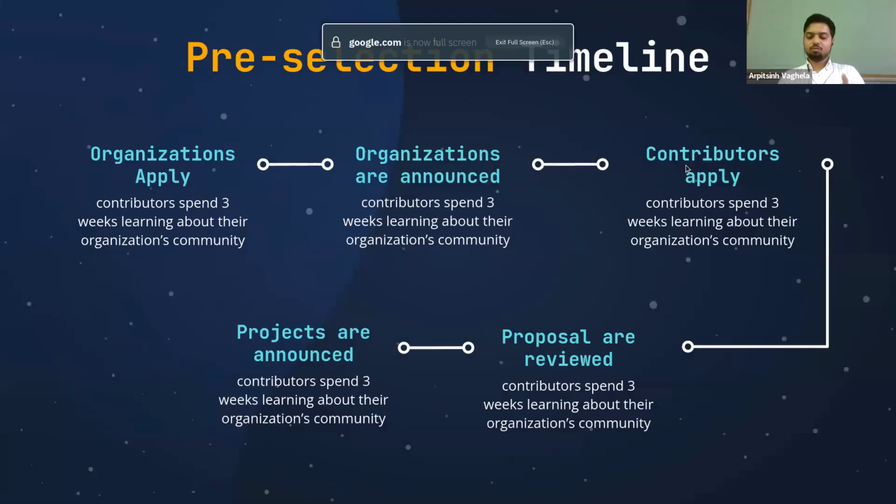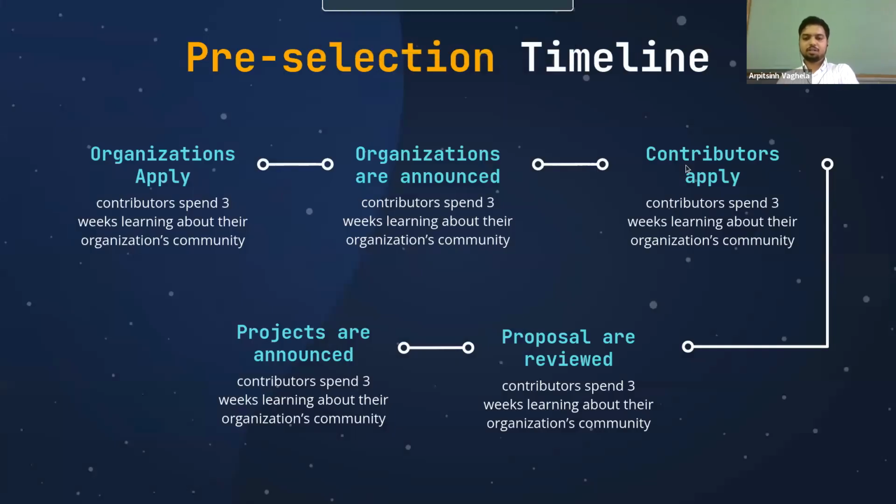Now we know what happens after the selection. After the selection, you are expected to work on a project. Before the selection, where you are supposed to submit a proposal for a project, you have to convince the mentors that you will be able to fulfill it. So how can you prove that?